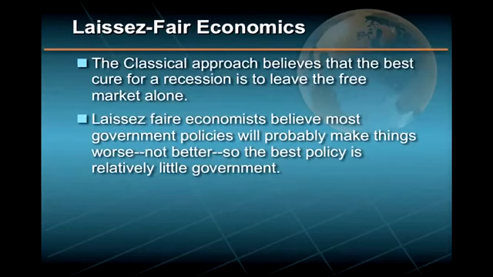One school of economics, the classical approach, believes that the best cure for a recession is to leave the free market alone. This approach is also known as laissez-faire, and laissez-faire economists are those who believe that most government policies will probably make things worse, not better, so the best policy is relatively little government.